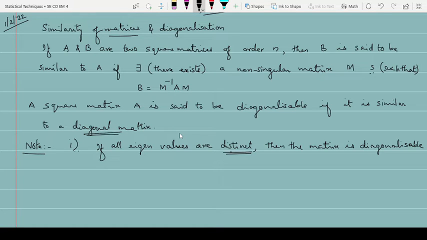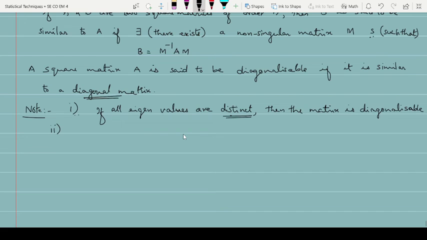Now, if the eigenvalues are repeating, in that case, you will find two terms. That means we will be telling about algebraic multiplicity and geometric multiplicity.